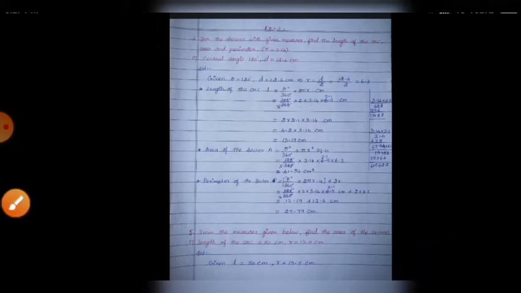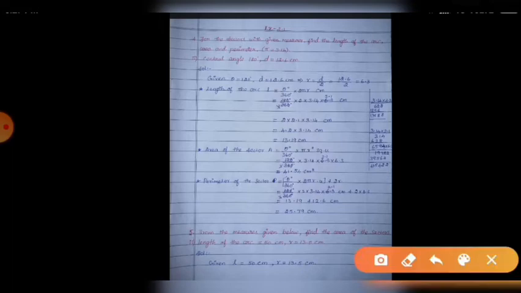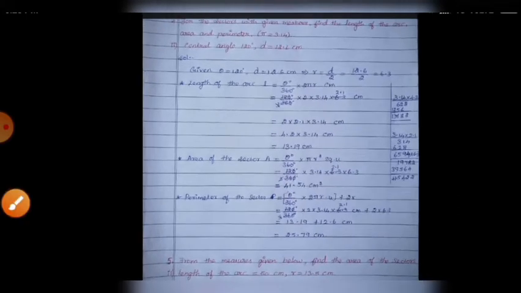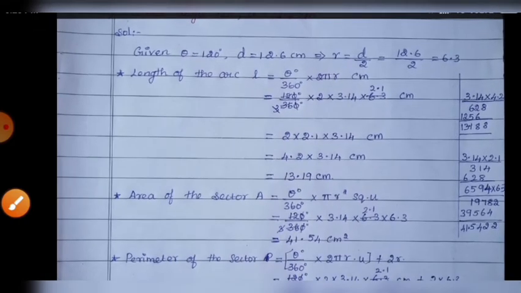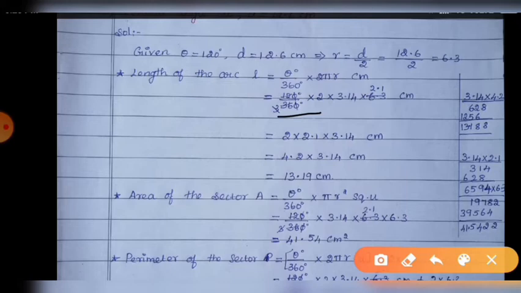Using cancellation method, 0 0 get cancel, and here theta is 120. From 120 and 360, 10 get cancel. Using 12th table, 120 degree divided by 360 degree, 0 0 get cancel.